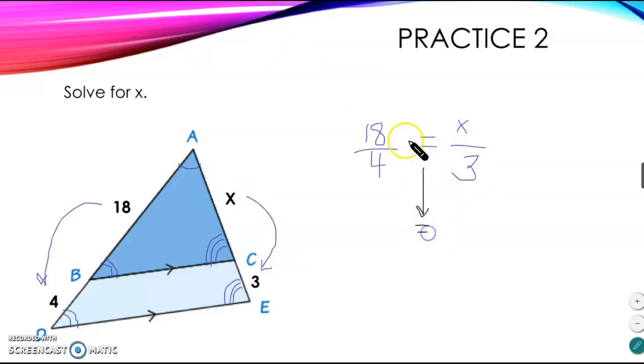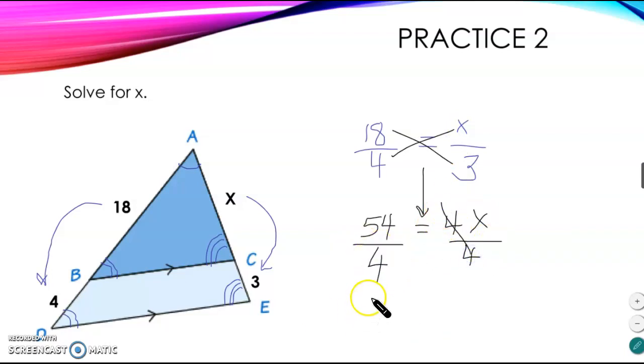We'll bring that equal sign down. We'll do 18 times 3, which is 54, and 4 times x, 4x. Divide both sides by 4, 13.5 for x. And again, we can look at that diagram, and it does seem reasonable that x would be about 13.5 compared to the other values there.